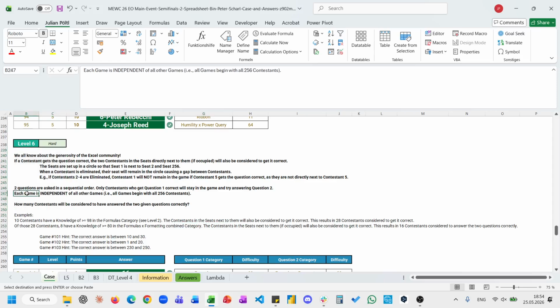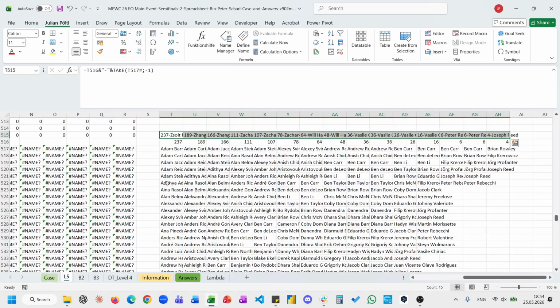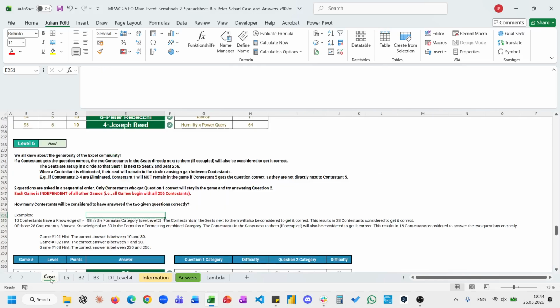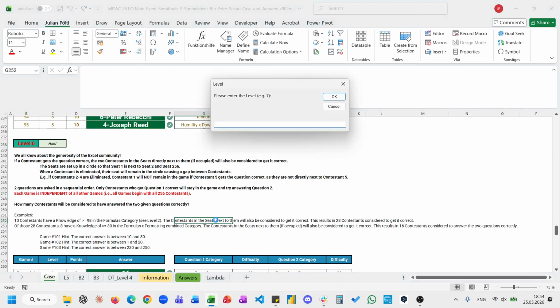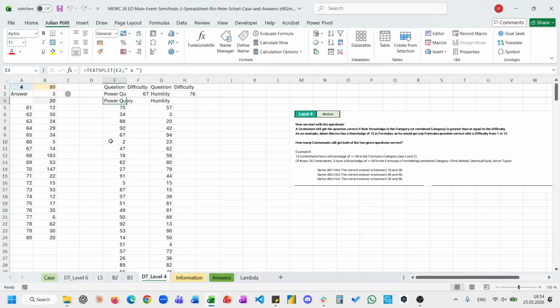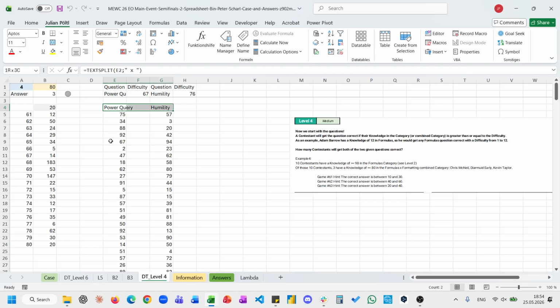So each game is independent. That was important because I did not do this. I did this here, but with dependent games for level 6, which is stated to be independent. But that's my issue. Here, level 6. Let's do data table. Formulas. We can basically copy everything from here.